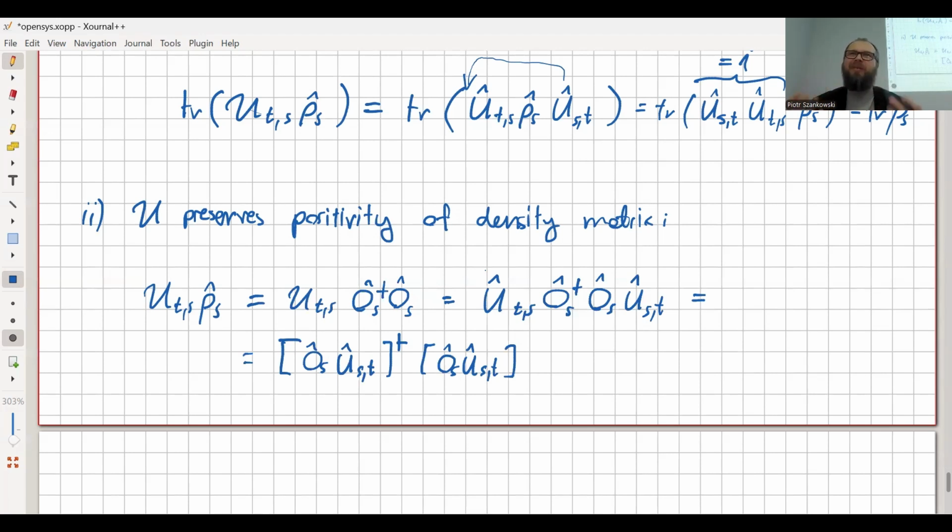Which is what you require from non-negative operators. So just to make it clear, I can write it like this, which is again non-negative.